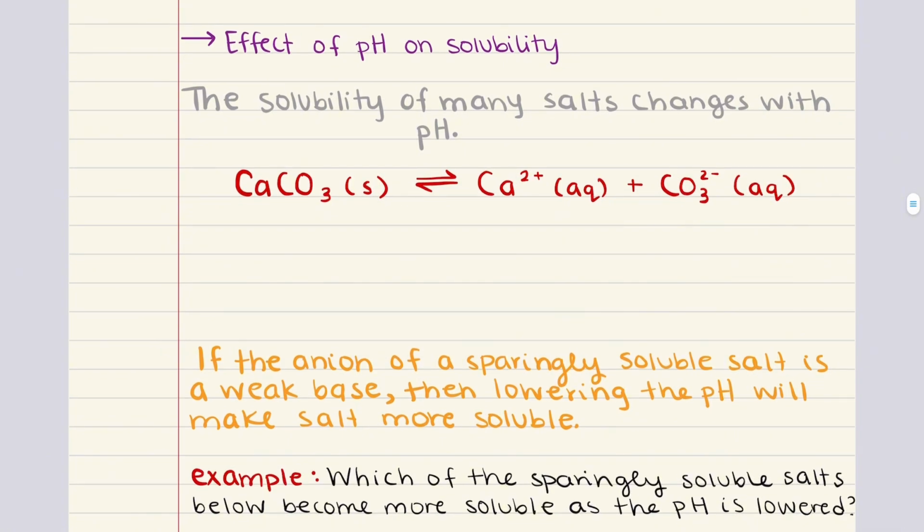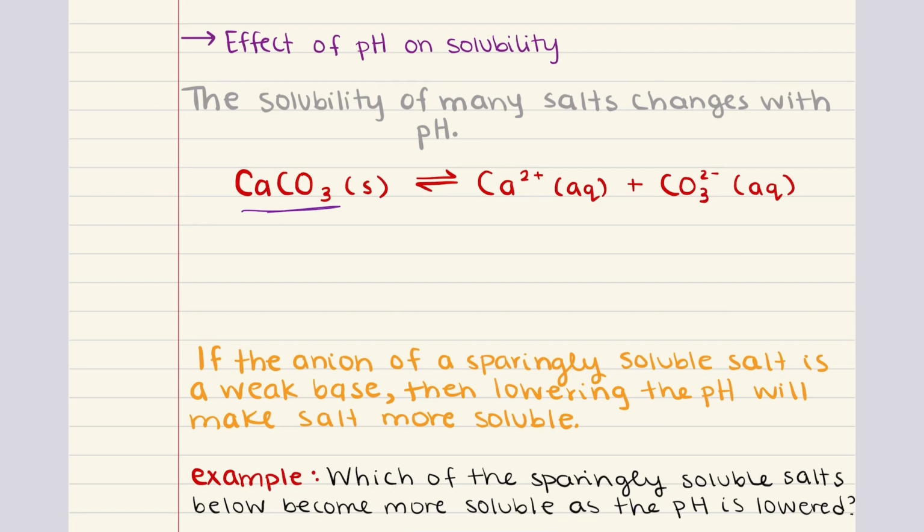of pH on solubility. The solubility of many salts is influenced by the pH of the solution, especially for salts that contain ions derived from weak bases. When the pH changes, it affects the equilibrium between the solid salt and the ions dissolved in the solution. Let's use calcium carbonate as an example to understand how this process works.